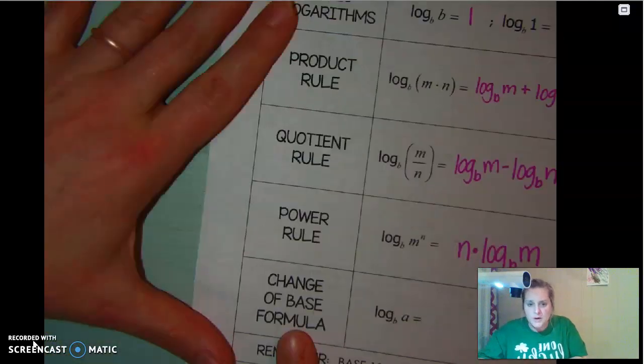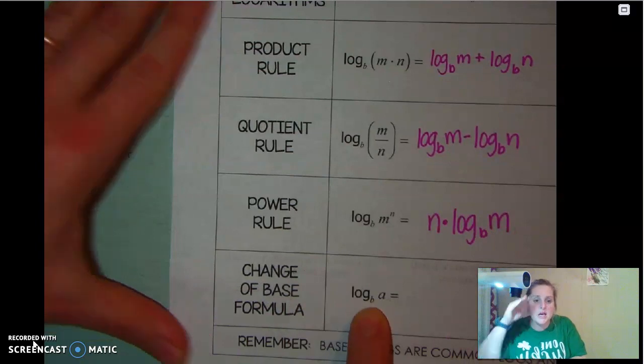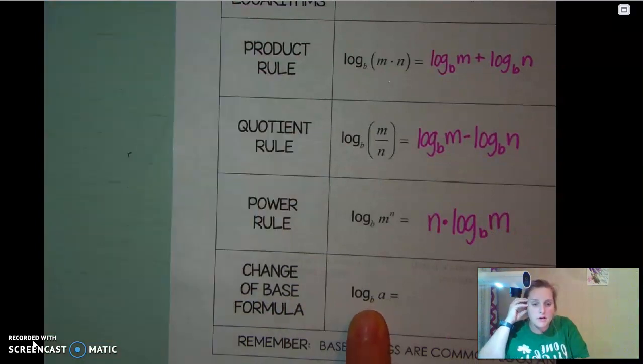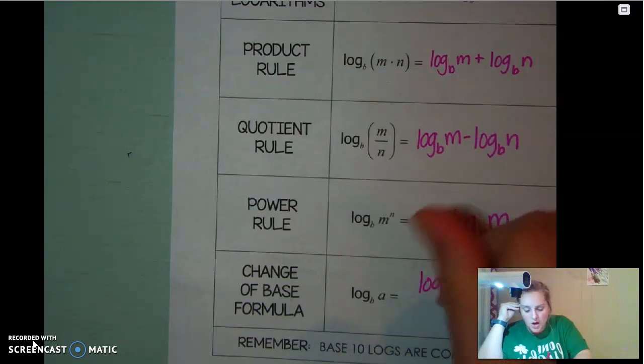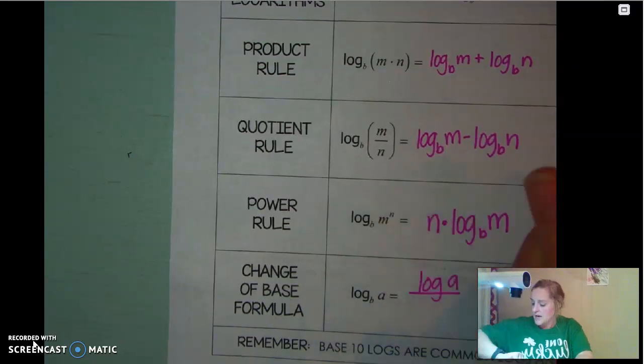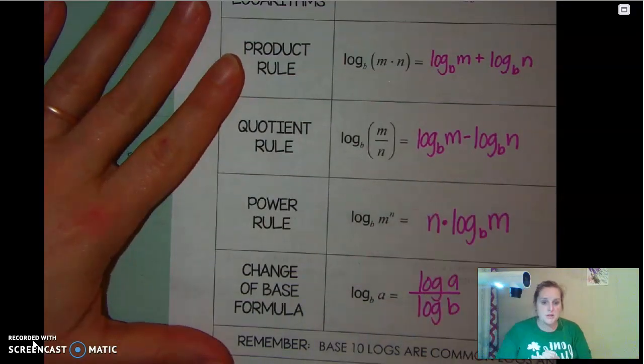Okay, then the last one is the change of base. Remember that the change of base is like if you're trying to solve a logarithm with a base that's not a common base, like anything other than 10, you can convert that to having the common log by taking log, common log of A, and dividing it by log of B, like so.